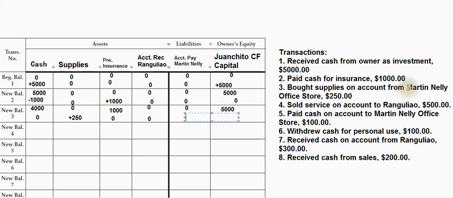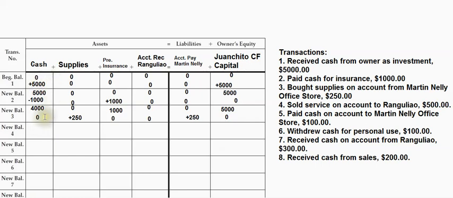I bought supply from Martinelli office store, so I am going to put plus $250 of account payable. Remember, account payable is a debt that is against you. You have to pay for it. It's your liability. And in the capital part, I haven't changed anything at all.